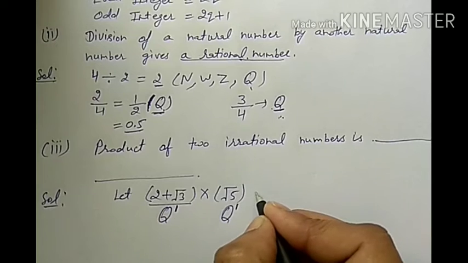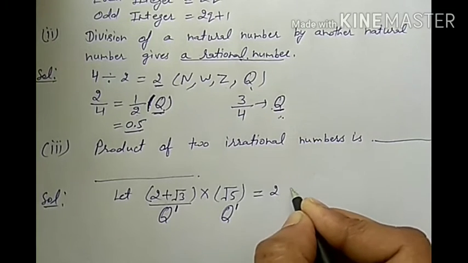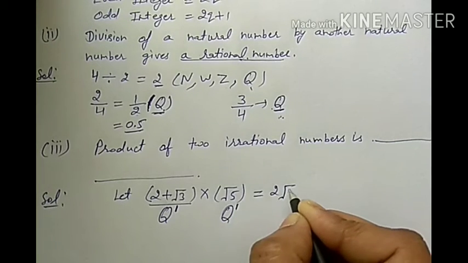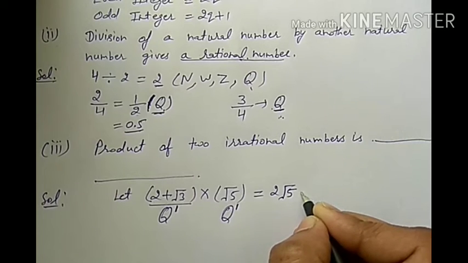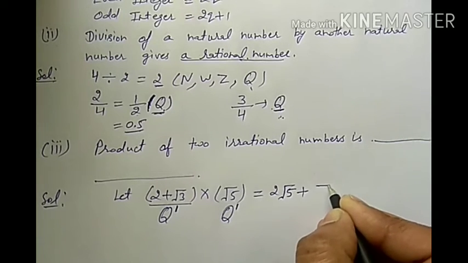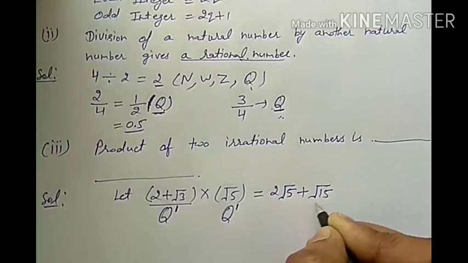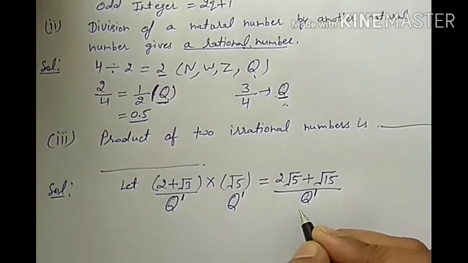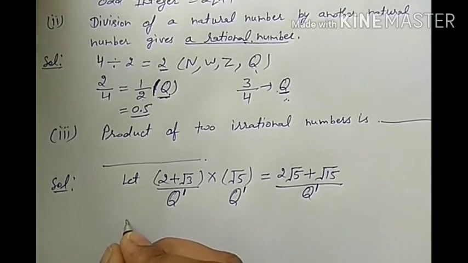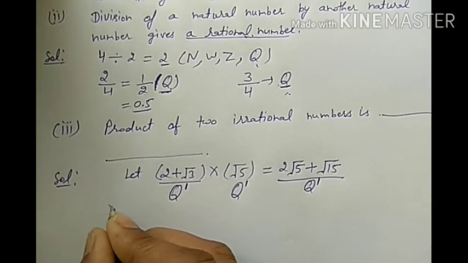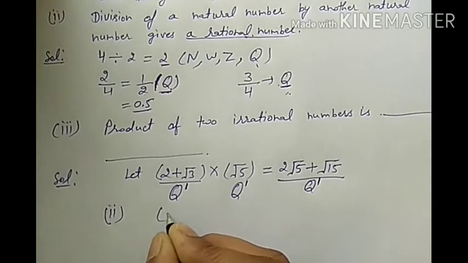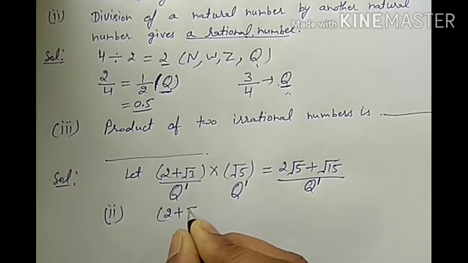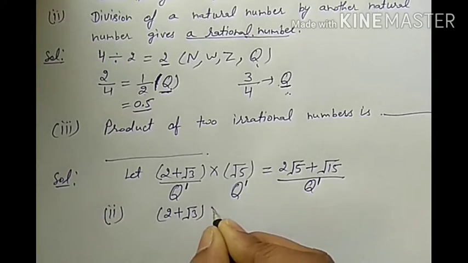When we multiply, then we get 2 square root 5 plus square root of 15, and this is an irrational number.